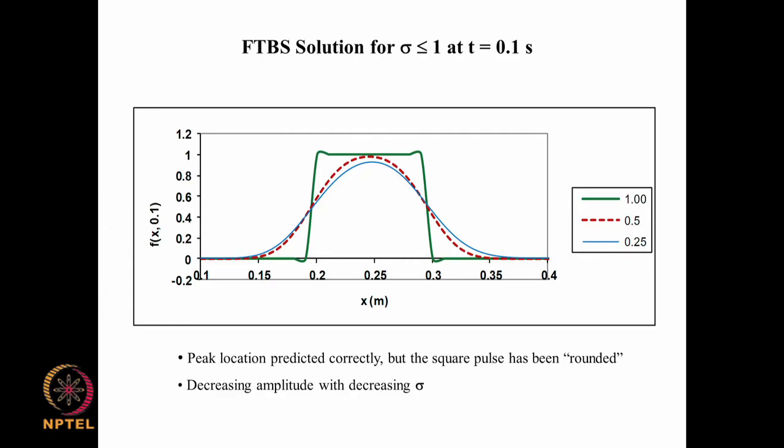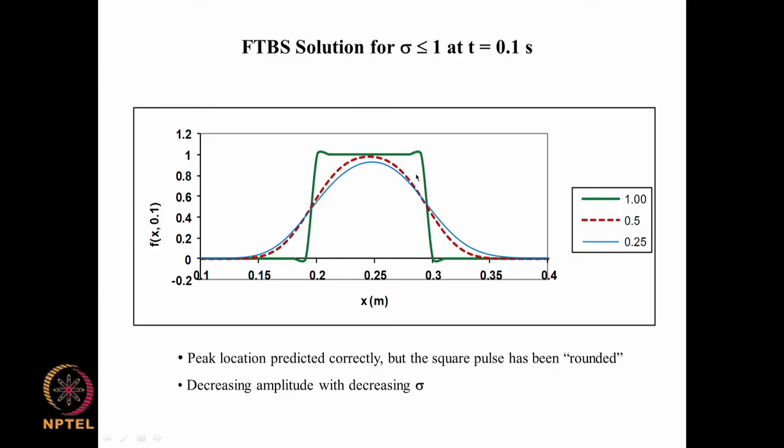So we would expect a more and more accurate solution as we go from 1 to 0.5 to 0.25, because delta t is decreasing.